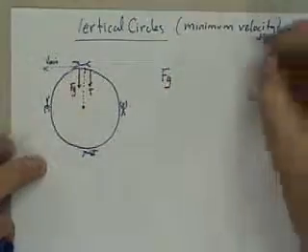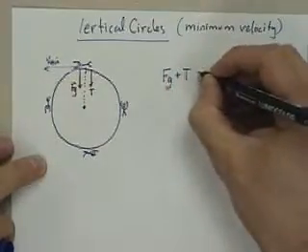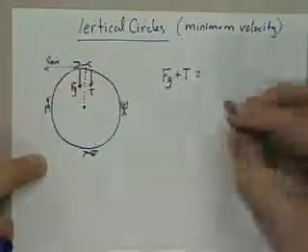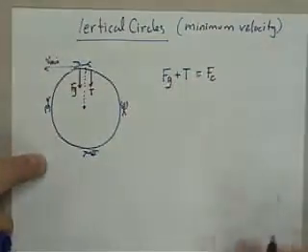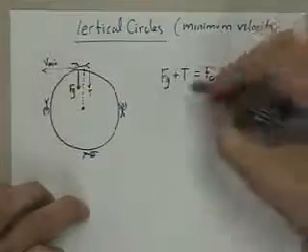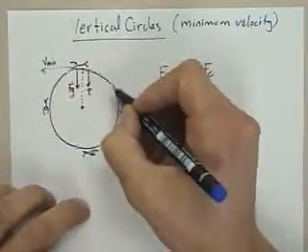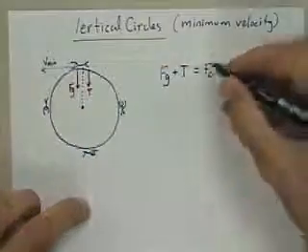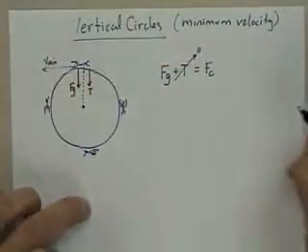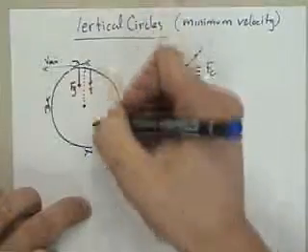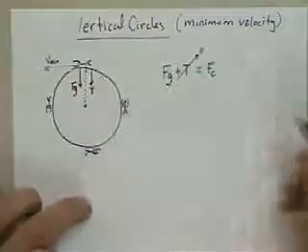You're going to say I have a force due to gravity, plus I have a tension, and that's going to equal, because it's circular motion, my FC value. But I'm telling you that I'm trying to go at my absolute minimum. So if I manage to create the minimum velocity situation, when I get to here, the tension should actually be zero. You shouldn't feel any tension pulling you down at all because you've minimized the velocity.